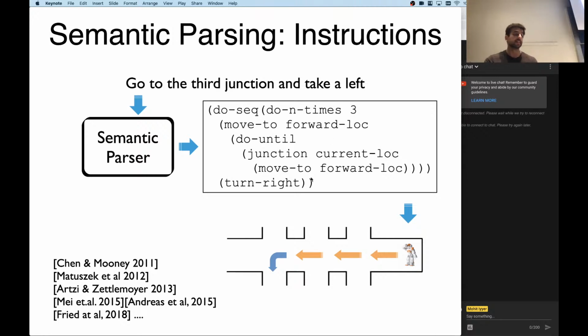So you can see that this is not SQL, this is some other type of language. And throughout this lecture, we'll keep seeing different forms of this intermediate logical form language. Whatever it is, it really doesn't matter as far as the algorithms that we'll discuss. But it can vary depending on what task you're trying to solve.